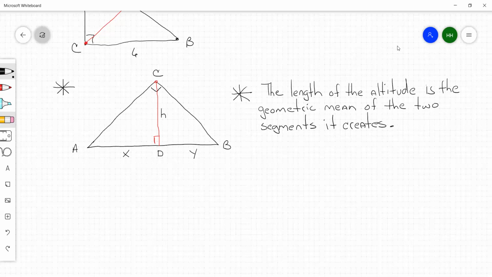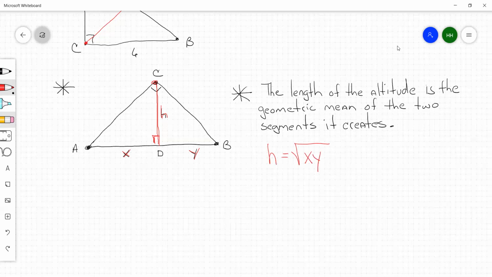So in this big right triangle, ABC, we took an altitude and drew it from the vertex to the hypotenuse. Created a segment, segment H. The length of the altitude is the geometric mean of the two segments it creates. It created segment X and segment Y. So that means that H is equal to the square root of X times Y.